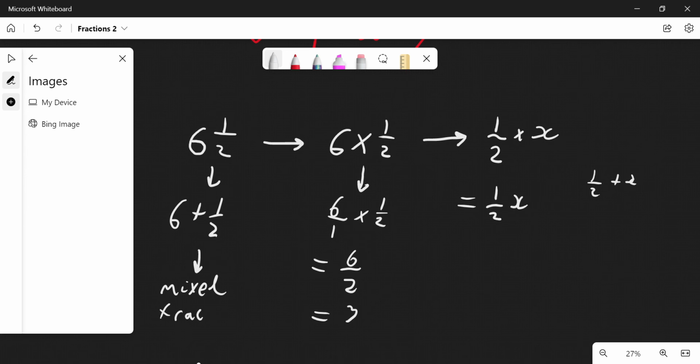This is equal to 1 over 2 times x, and that can be written as x over 2, because x times 1 is 1x essentially, but in algebra we don't write that 1. So just a quick one there, very important. Let's not mix that one up, guys. All right.